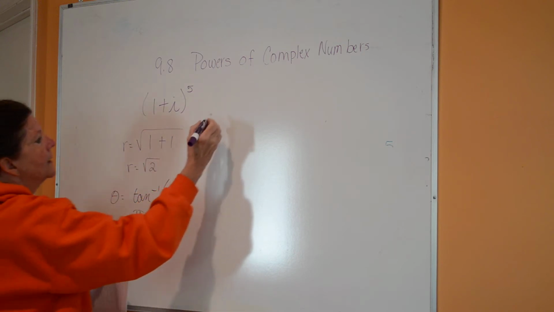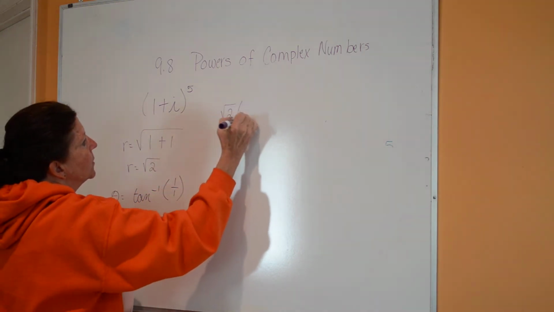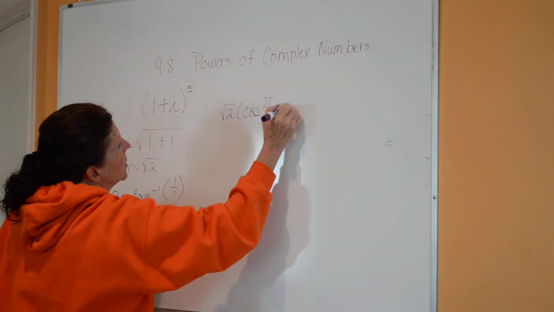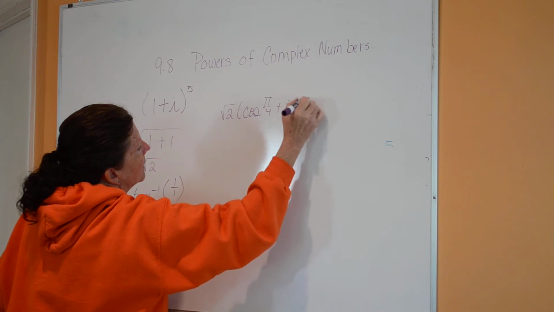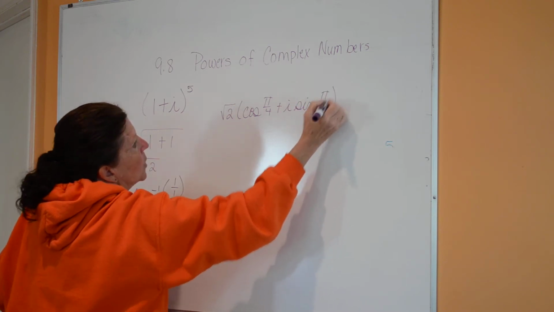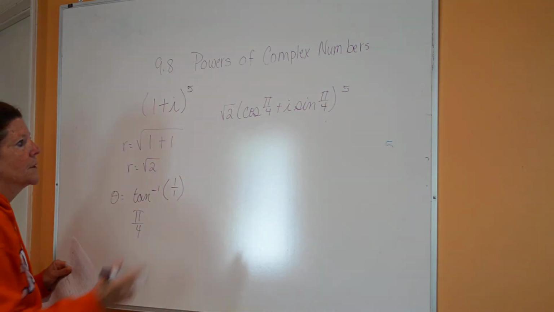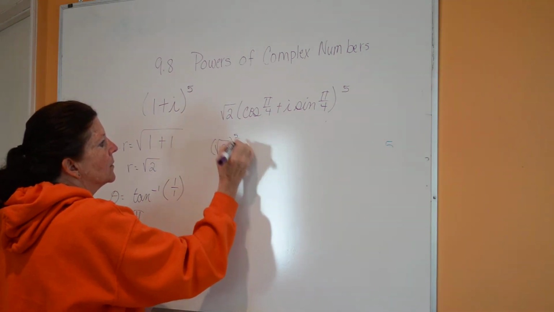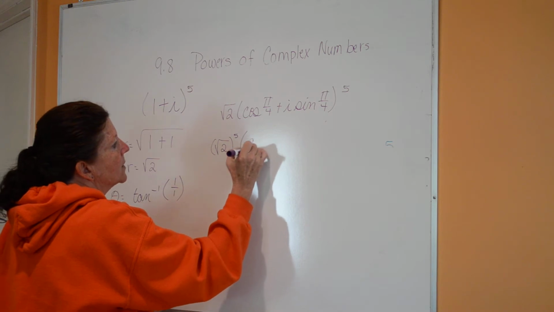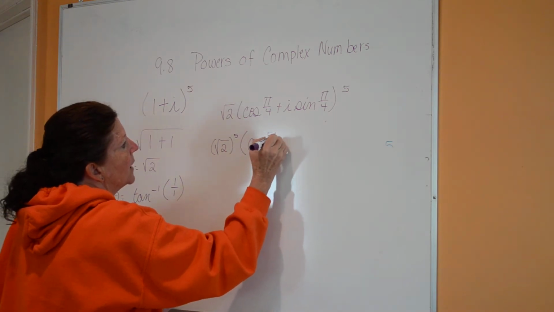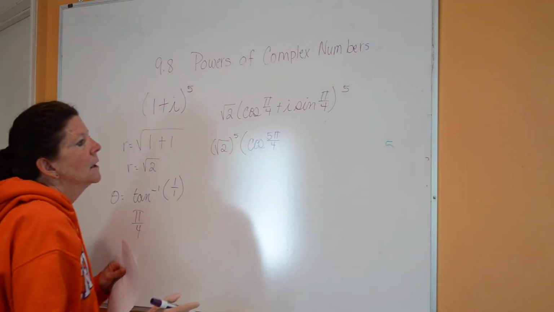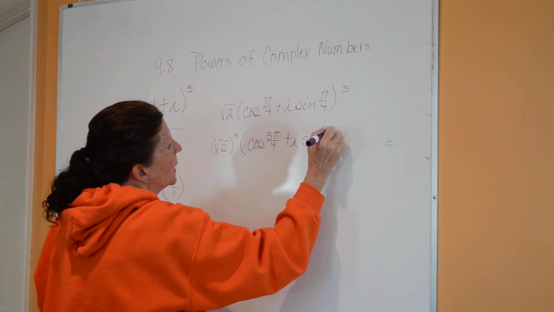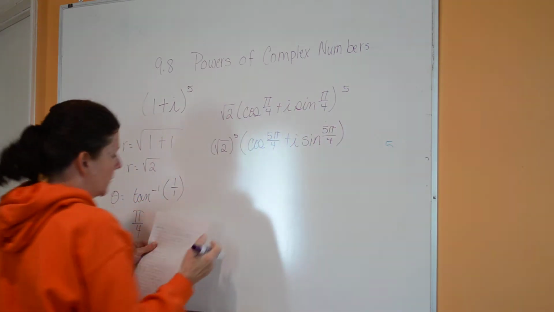So I'm going to rewrite this: the square root of 2 times the cosine of pi over 4 plus i times the sine of pi over 4, raised to the 5th power. So I'm going to take the square root of 2 raised to the 5th power times the cosine of 5 pi over 4 plus i times the sine of 5 pi over 4.